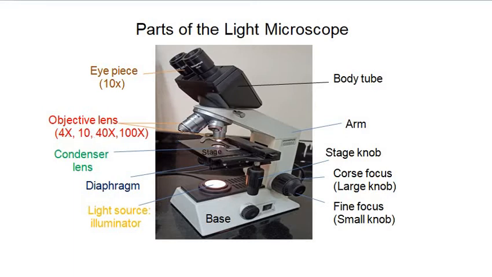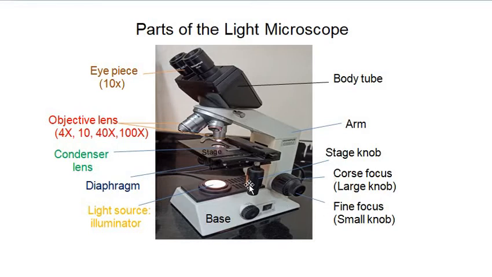4x, 10x, 40x, 100x, and the upper part of the microscope has the eyepiece, which is 10x. In addition, there are coarse focus and fine focus knobs to focus on the specimen, and the objective lens can be moved up and down, or the specimen stage can also move up and down with the help of coarse focus and fine focus.